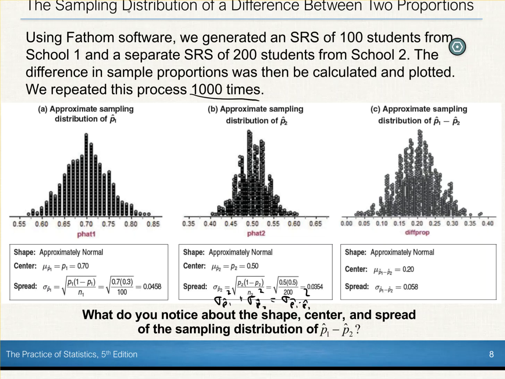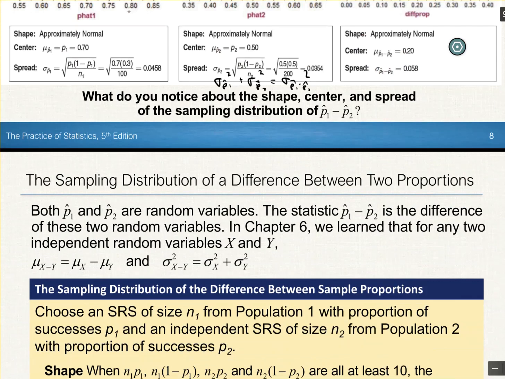It's kind of like the Pythagorean theorem almost, a squared plus b squared equals c squared. But it doesn't matter that we're subtracting or adding when we're talking about the standard deviations. When we add or subtract two distributions, our spread ends up being that squared. So if I took 0.0458 squared plus 0.0354 squared and square rooted it, I'd get 0.058. That's how we get that.